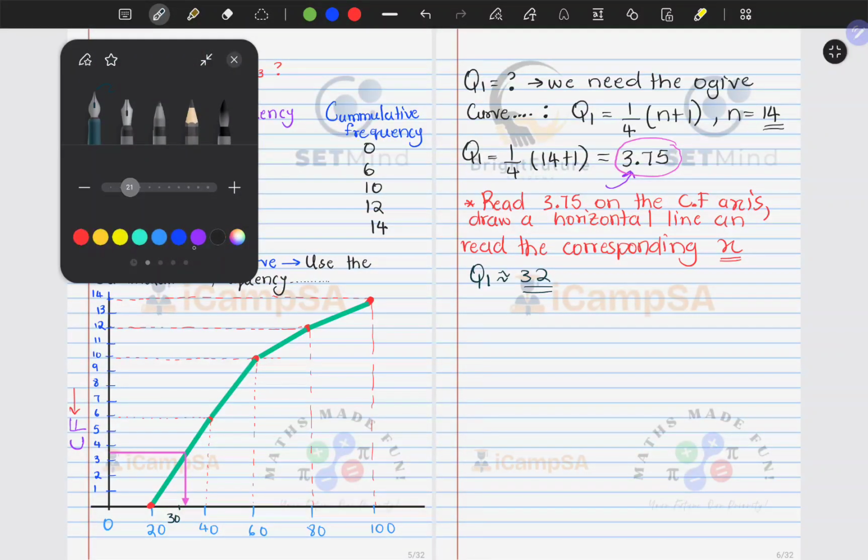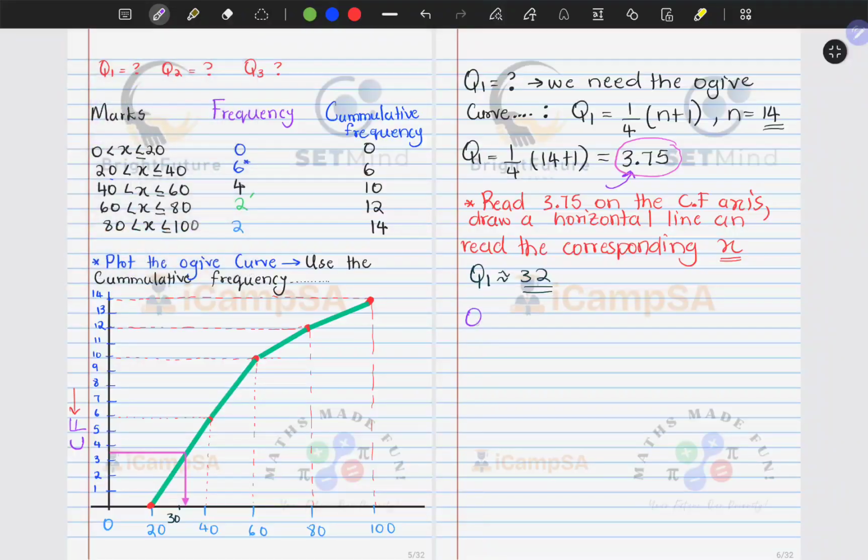Then let's go and do Q2, which is also known as the median. If you remember, it's 1 over 2 into n plus 1, so that's 1 over 2 times 14 plus 1. Your Q2 works out to 15 divided by 2, that's 7.5.